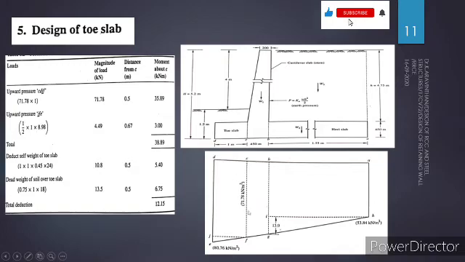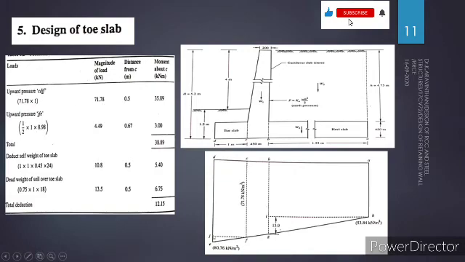So we have found out 71.78. If we consider it as a rectangle, the height will be 71.78 and the width will be 1. So 71.78 into 1 will be this answer.